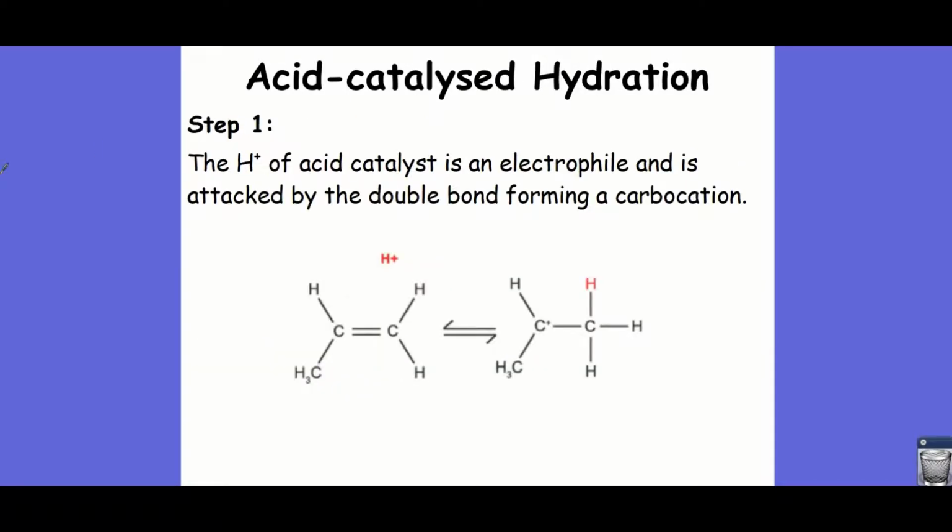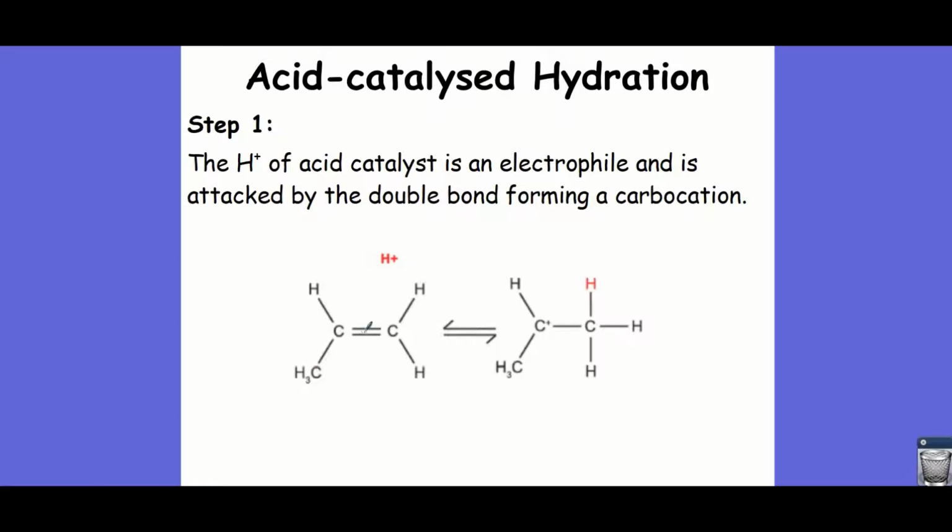So the first method of alcohol formation that we're going to look at in detail is the acid catalyzed hydration of an alkene. In this reaction, we have the hydrogen ion, the H+ ion, acting essentially as a catalyst. It behaves like an electrophile because it is electron deficient.